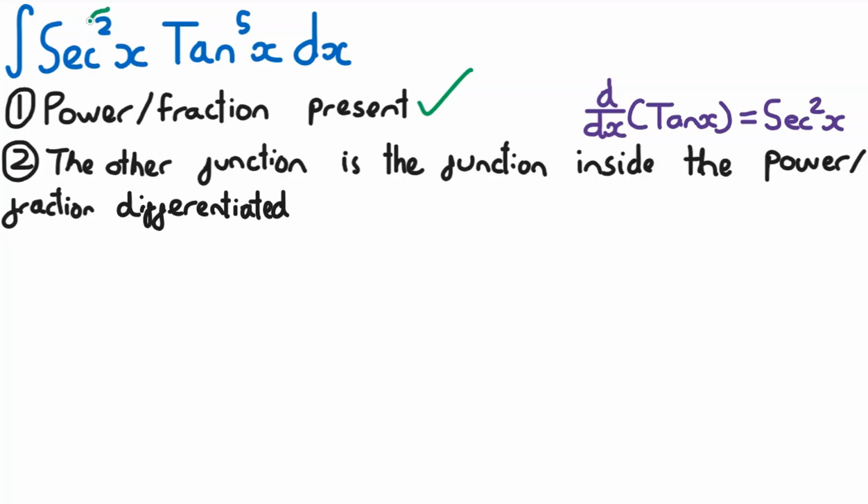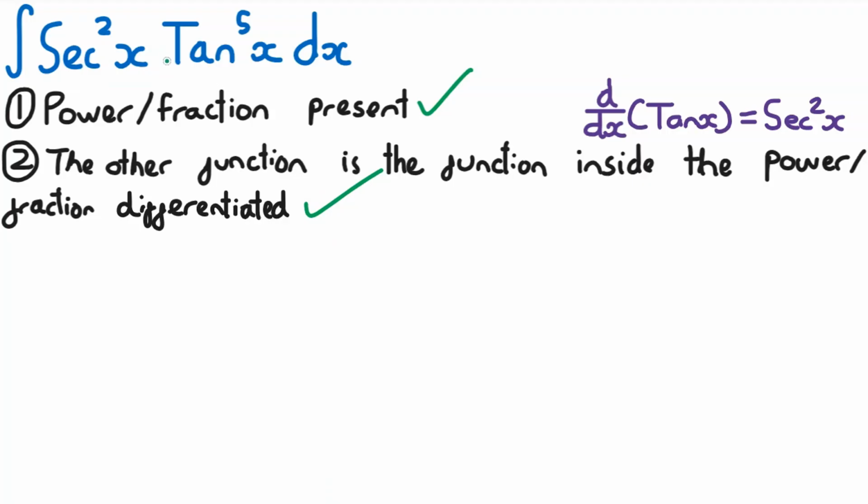And this is why we have this power of 2 here present as well, because when we differentiate tan of x, we get this sec squared of x, so this power of 2 is here naturally. But this second condition is satisfied because when you differentiate tan of x, you get sec squared of x, and it's present here. So this is a clue that we need to use the reverse chain rule.